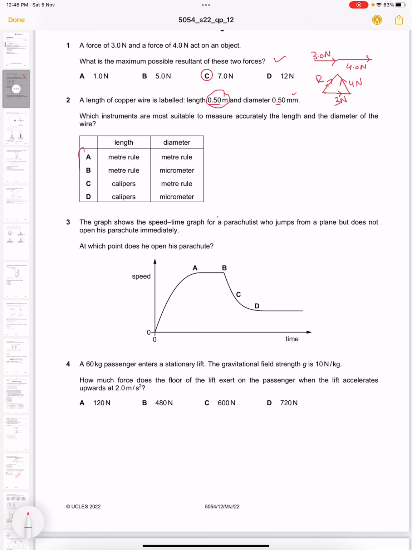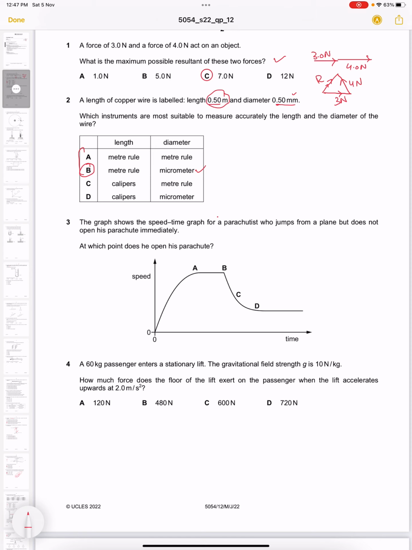So these two options have the meter rule. But to find the diameter of a wire which is extremely small, less than 1 millimeter, the most accurate device is the micrometer. So this is the correct option, B: meter rule will be used to find the length and the micrometer will be used to find the diameter.